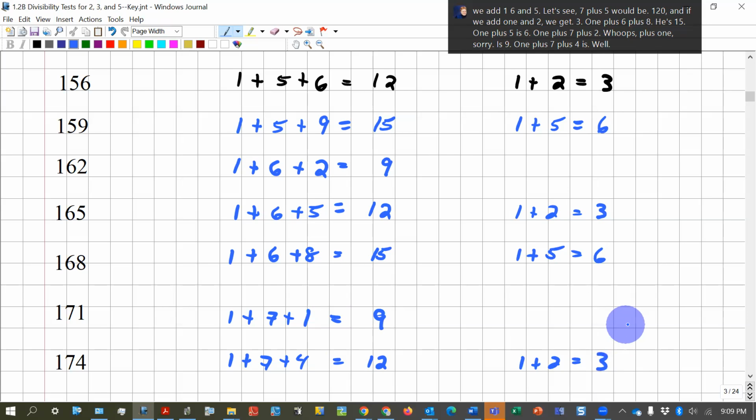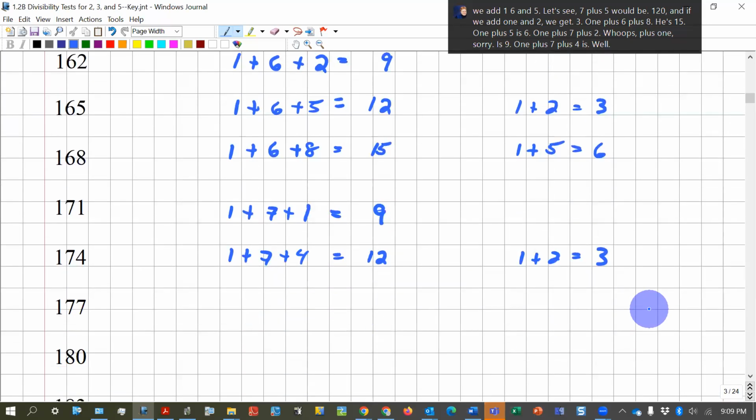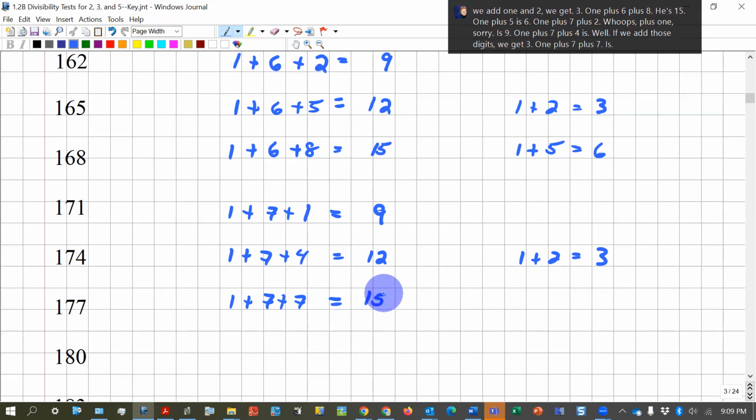If we add those digits, we get 3. 1 plus 7 plus 7 is 15. 1 plus 5 is 6.